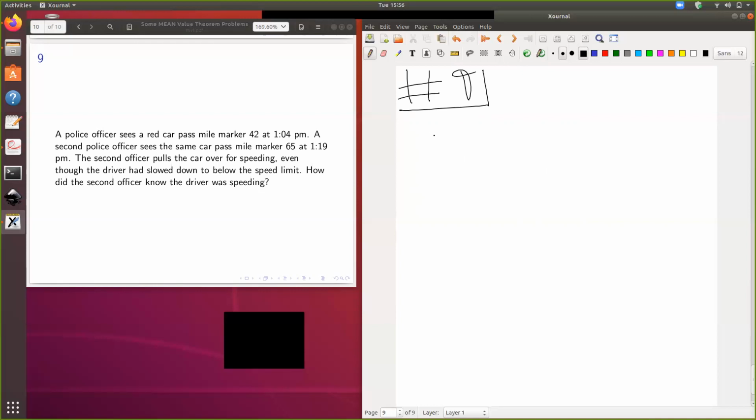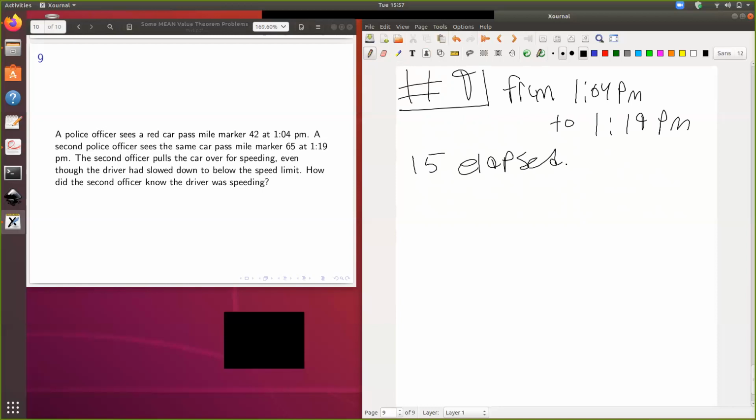So let's do our function from 1:04 p.m. to 1:19 p.m. 15 minutes elapsed. So let's make a time interval from 0 minutes to 15 minutes.